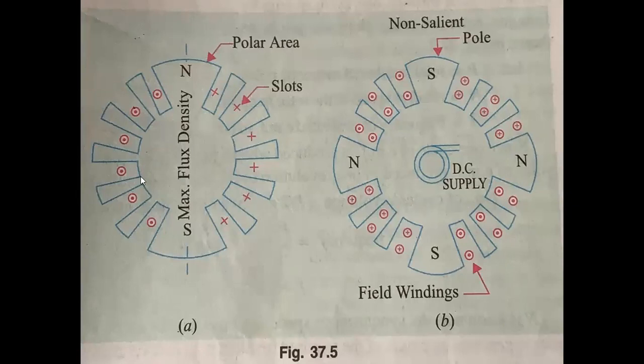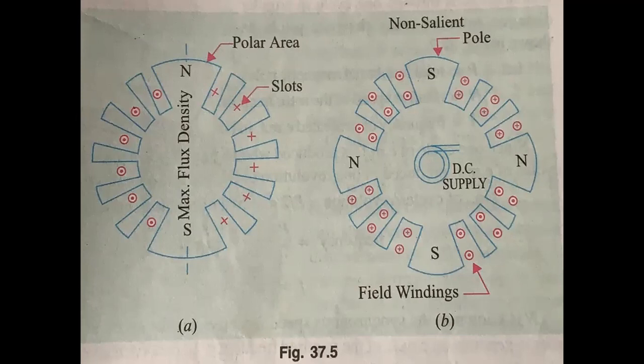The field coils are so arranged that the flux density will be maximum on the polar central line, and it gradually decreases away on either side. This is the central polar area. We leave the central polar area, not putting the copper winding.